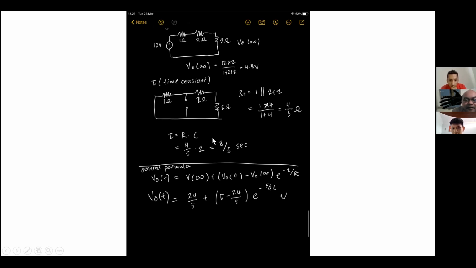The time constant is R times C, so 4 over 5 times 2, the capacitor value, and that becomes 8 over 5 seconds. Then we can take every value from before and put it in the general formula, and we will get the result in the end. That is the result, 24 volts over 5. From K1, that is K1. And then K2 is there.